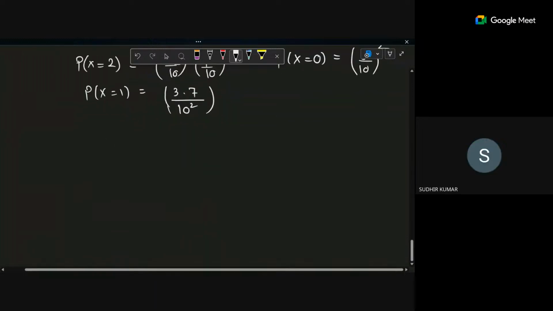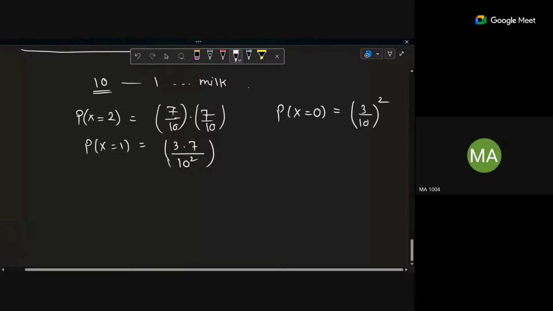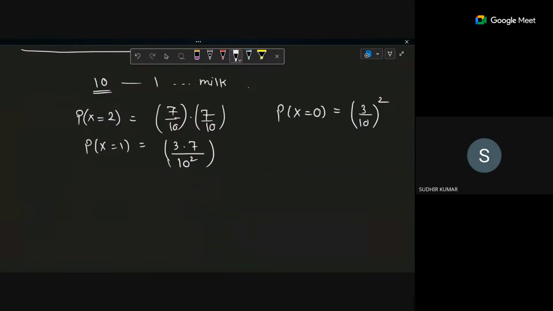Ma'am, in the third condition, shall we go for adding 3 by 10 into 7 by 10 plus first milk or second black, like that? No, no need, because in that case, whether you choose first as a milk or second as a dark doesn't make sense, because the probability will remain the same, 3 by 10.